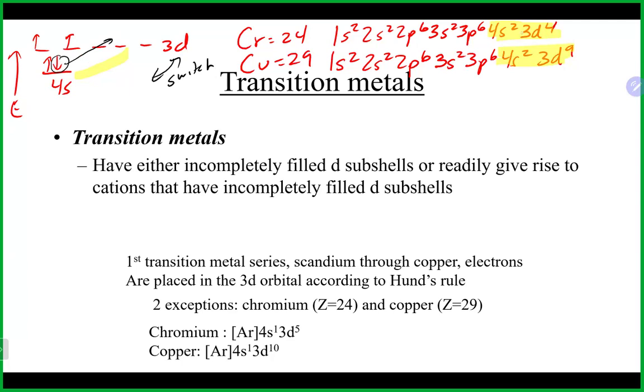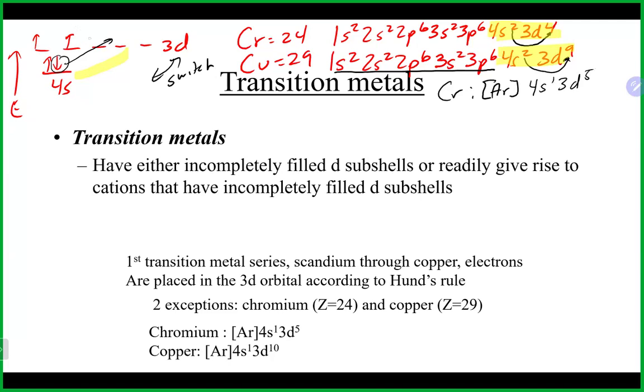In the case of chromium, we put one more electron in the d, one less in the s. So you can see on the bottom there, or maybe you can't, depending on where you're sitting, but I'll write it up here on top. We could shorthand this up through basically this part. That's argon, which is our noble gas that comes before chromium or copper. And for chromium, it's 4s1, 3d5.